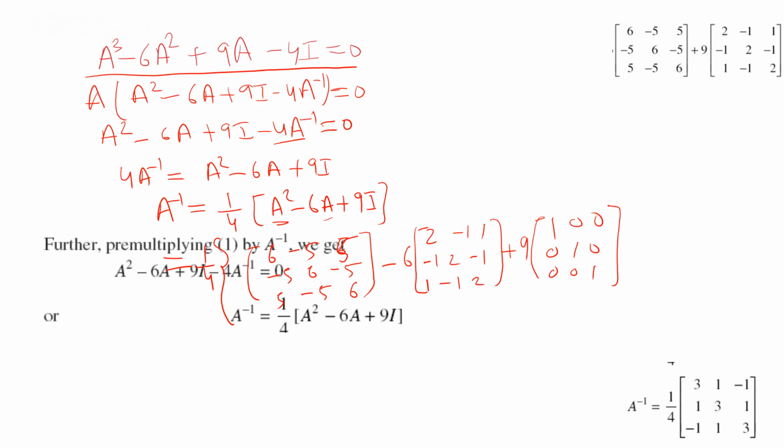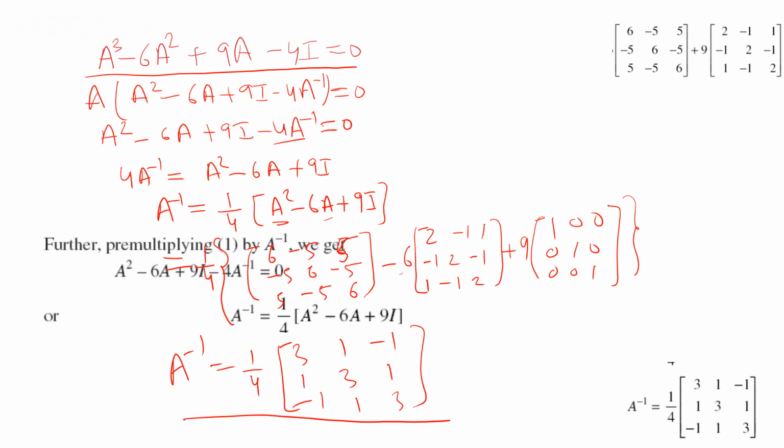Then we add all of them. So we get A inverse is 1 by 4 times, and we get 6 minus 12 plus 9, which is 3, then 1, minus 1, 1, 3, 1, minus 1, 1, 3. So in that way, we also find A inverse with the help of the Cayley Hamilton theorem.